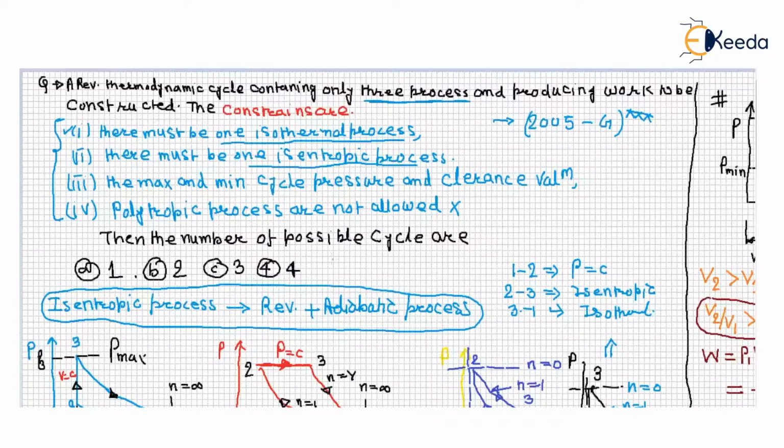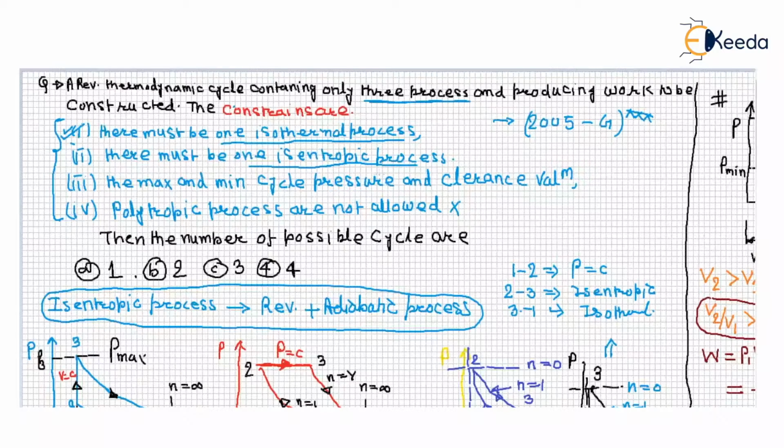See, the question is a reversible thermodynamic cycle containing only three processes. All three processes must be producing work, and there must be one isentropic, one isothermal, maximum and minimum cycle pressure and clearance volume, no polytropic, right?